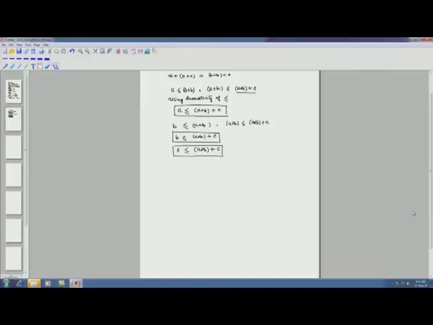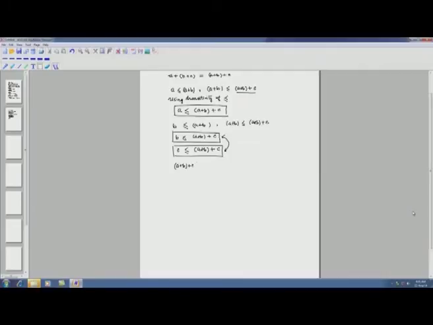Now, we would like to combine these two results. If you look at this, we will see that in both boxes, the right hand side is the same, that is (A + B) + C, and B is less or equal (A + B) + C. C is also less or equal (A + B) + C. Now, we know that we are working in a lattice, therefore, B and C will have a least upper bound.